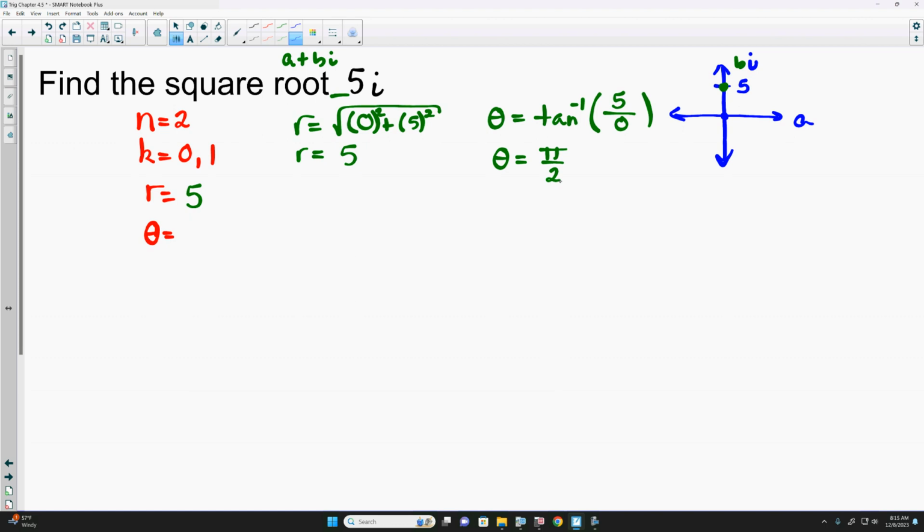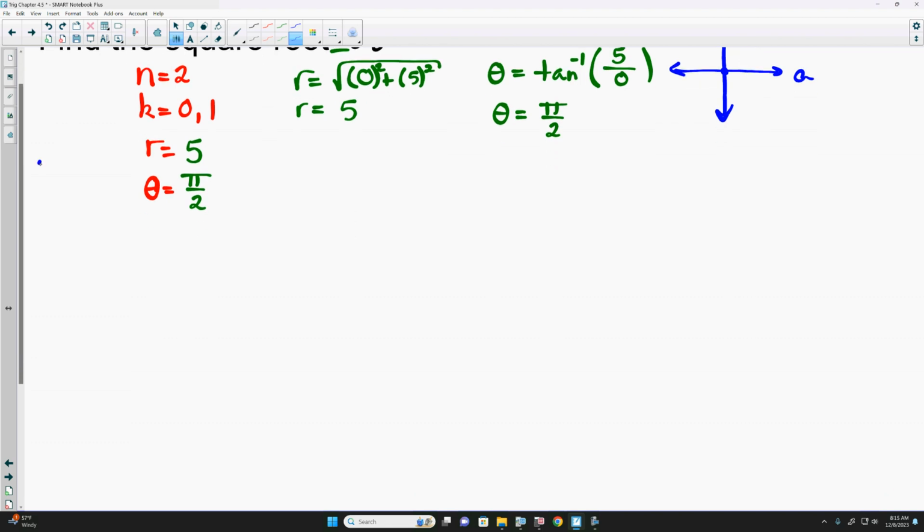We're not going to consider any of their coterminal angles, because we could do 90 plus 360 is 450. 450 and 90 would give us the same value. We're just looking at 0 to 360, or 0 to 2 pi. Questions on this here?